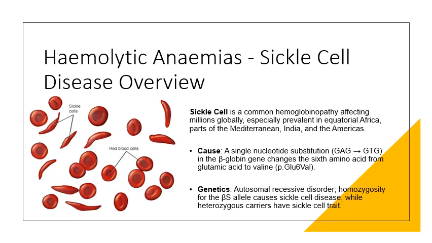Sickle cell disease is caused by a mutation in the beta globin gene. This changes the shape of the red blood cells into sickles, and they can block blood flow. It's inherited in an autosomal recessive pattern, which means that patients need two faulty copies of the gene to develop the disease.